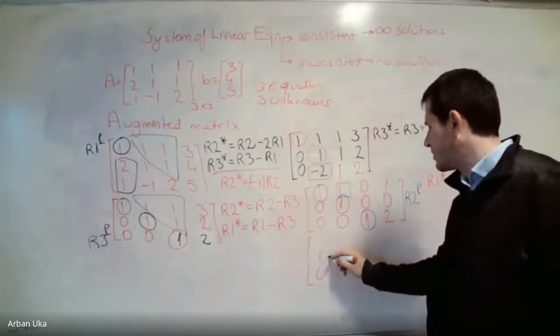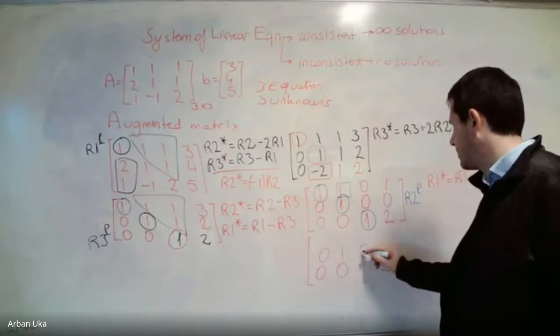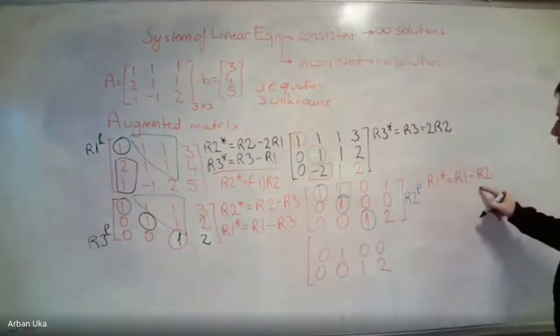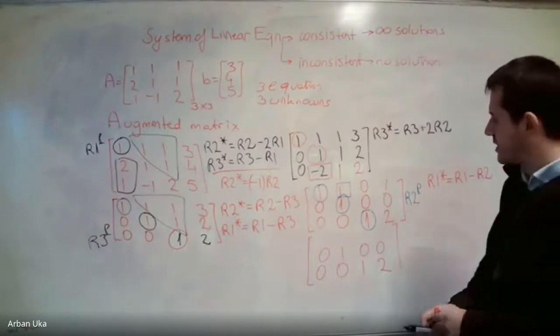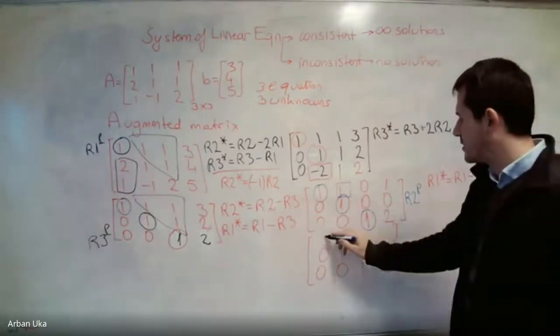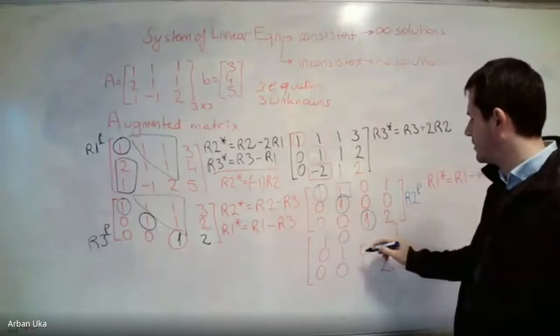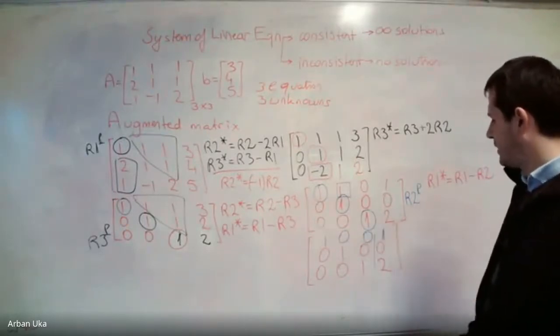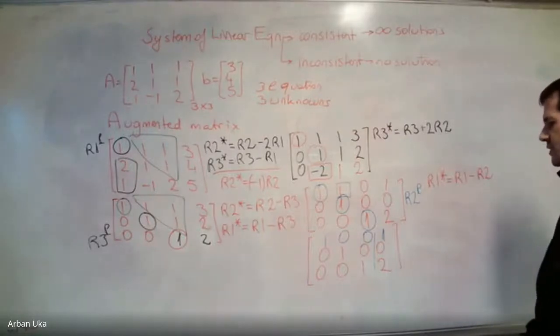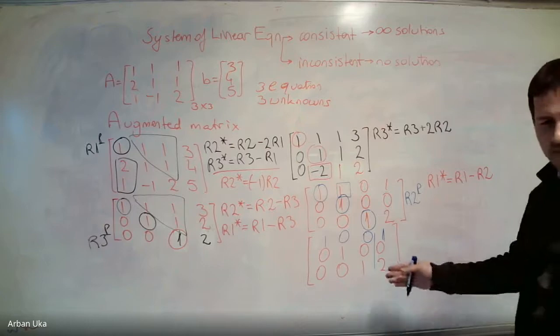Row 2, which is a pivot, is 0, 1, 0, 0. And for row 1 minus row 2, let's use a different color. This is 1, 0, 0, 1. So what do we read from this system here? First of all, can we simplify this any further?